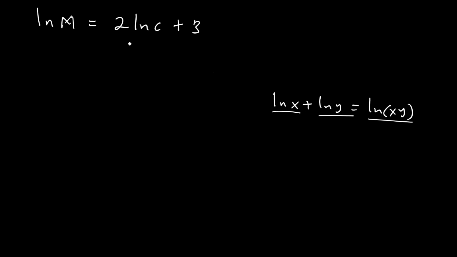And don't forget also that in case we're given x ln of, let's say, t, remember the x here is a power rule, the same as ln of t exponent x.